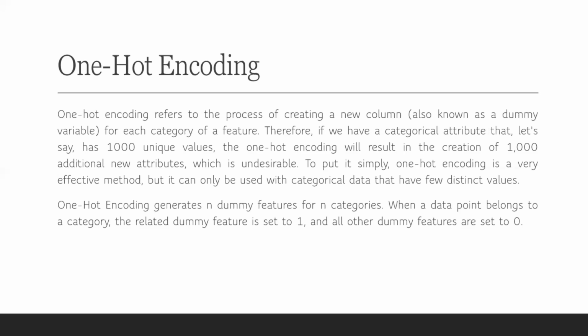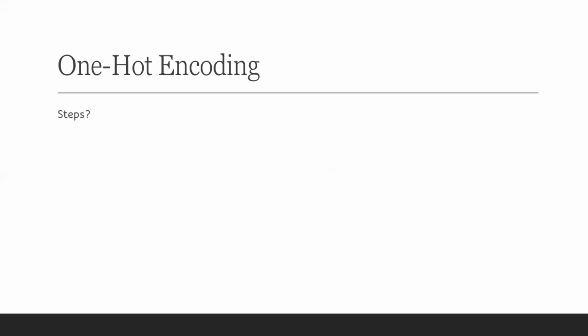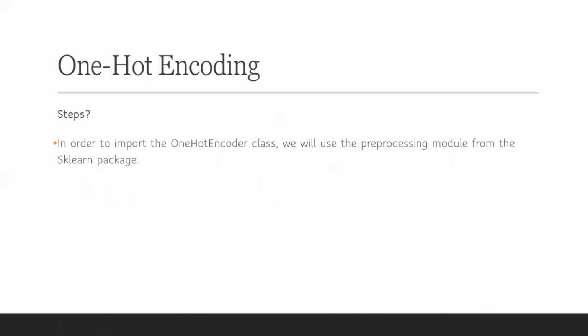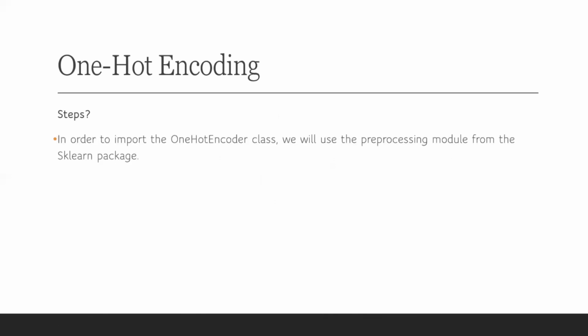One hot encoding generates n dummy features for n categories. When a data point belongs to a category, the related dummy feature is set to 1 and all other dummy features are set to 0. So let's see the steps for one hot encoding. The first step is, in order to import the one hot encoder class, we will use the preprocessing module from the sklearn package.